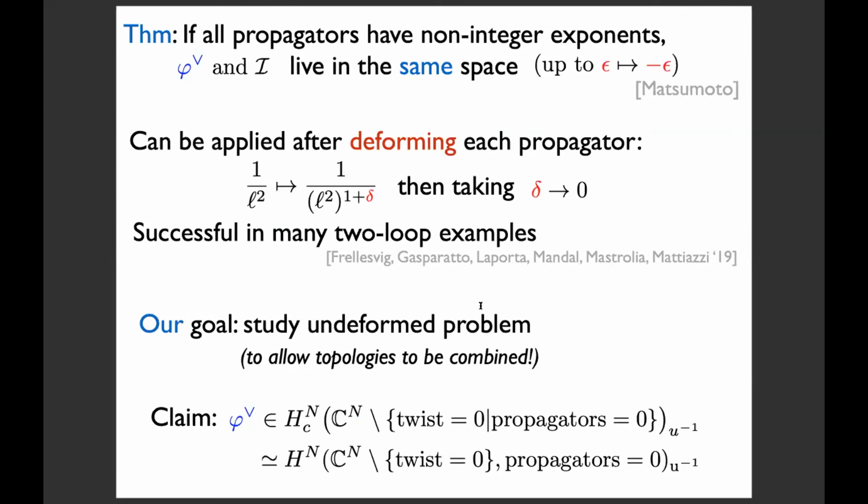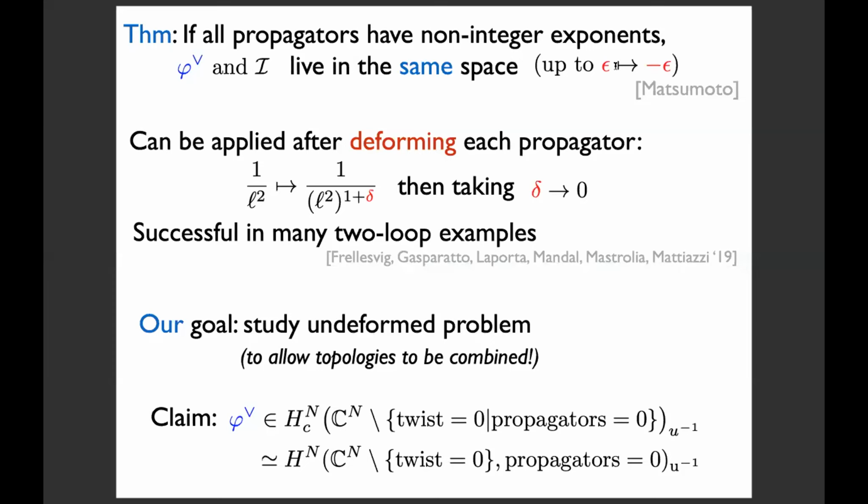Much of this is maybe a bit more for the expert, but to review the context: much of the work so far with this intersection approach has used the following theorem, which follows from a theorem proved by the mathematician Matsumoto. If all propagators have non-integer exponents, so in 4-2 epsilon dimensions epsilon is not zero, but also all the propagators have some little delta added to them, then you can show that the space of dual integrals is exactly the same as the space of integrals.